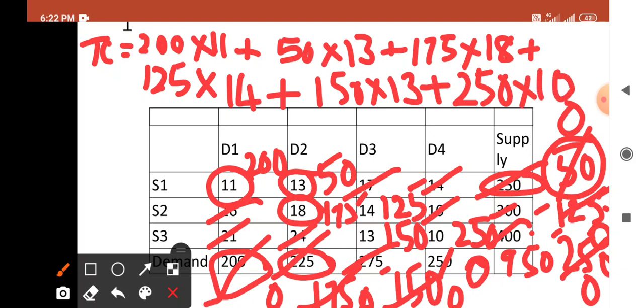So what we are doing here is multiplying the price with the quantity.